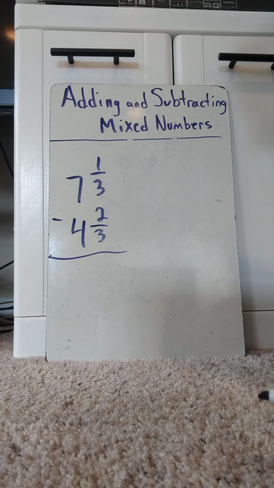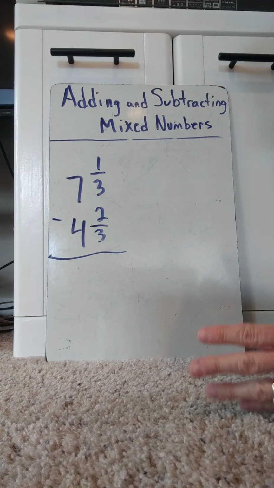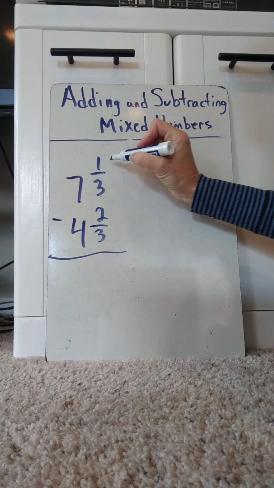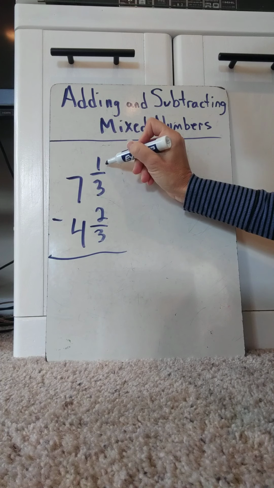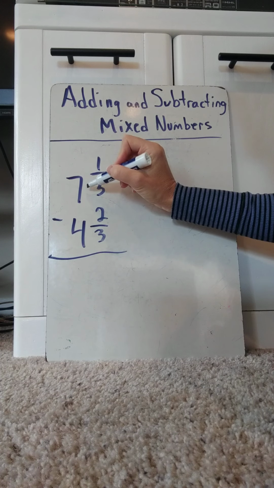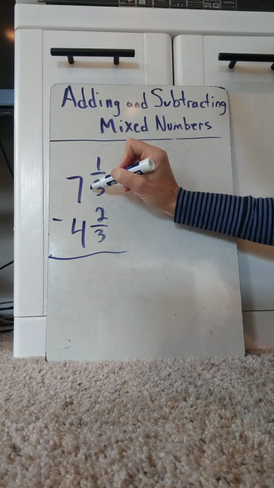Well, how are you going to do that with a fraction? I'm going to show you, boys and girls. Watch this, okay? Just like when you subtract whole numbers, you have to go next door. Well, I'm going to do the same thing. I'm at the 1 here. I'm going to go next door. Well, what's next door? That's 7.